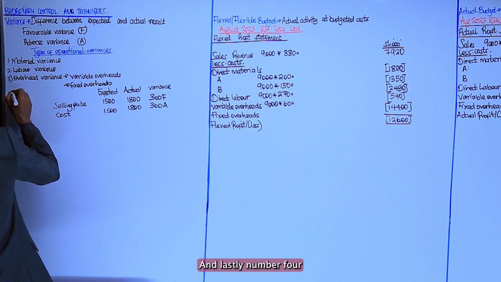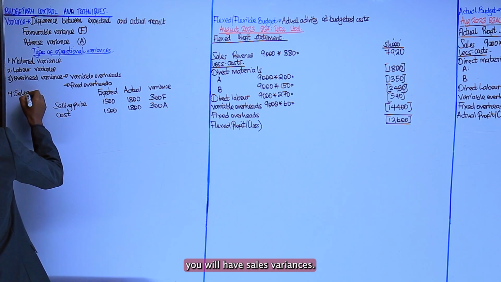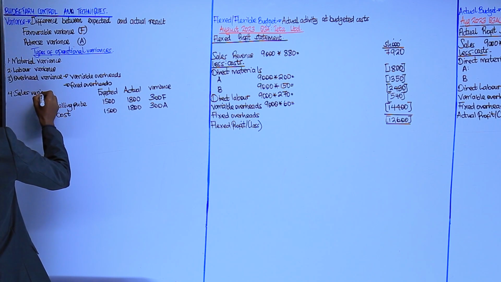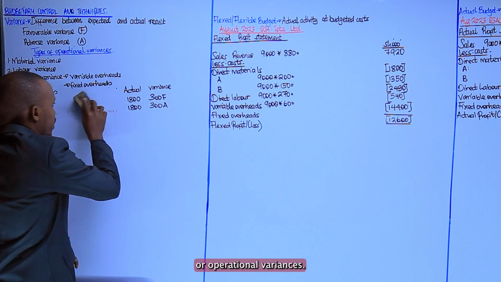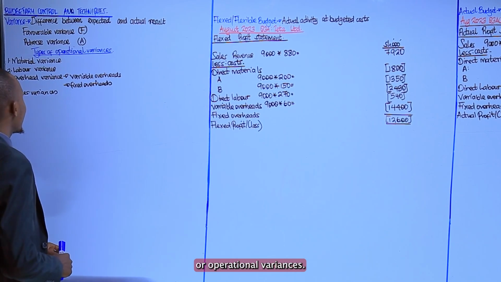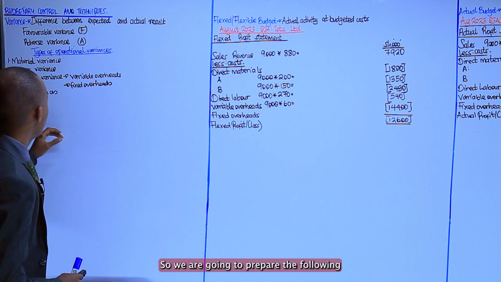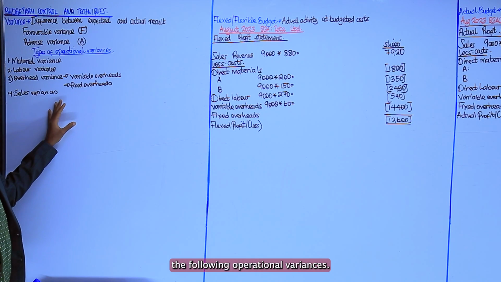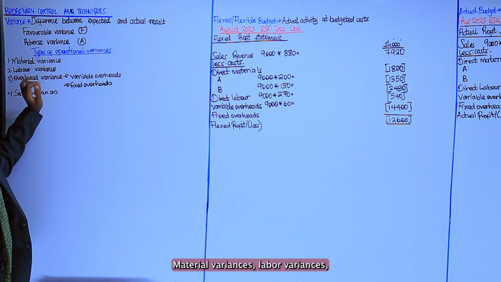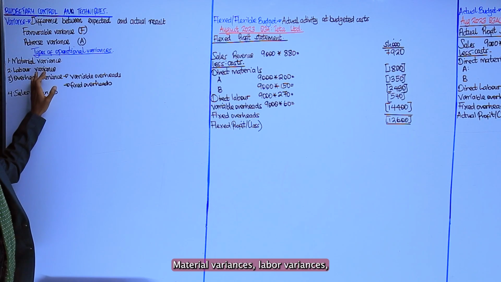And lastly, number 4, you will have sales variances. So you will have the following types of operational variances.